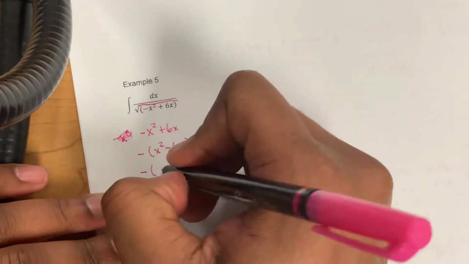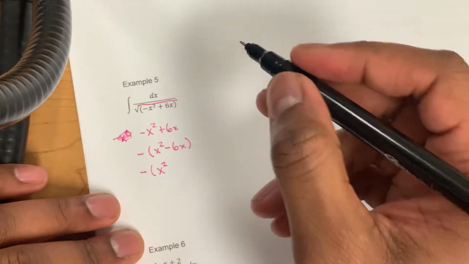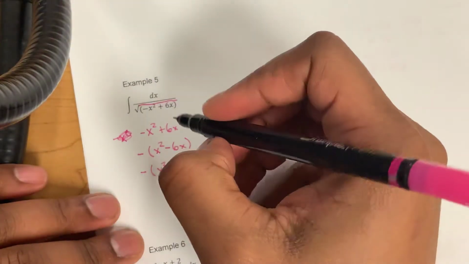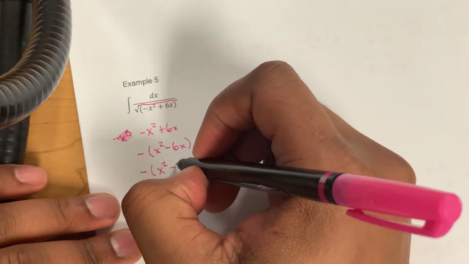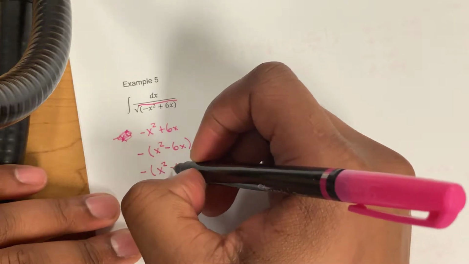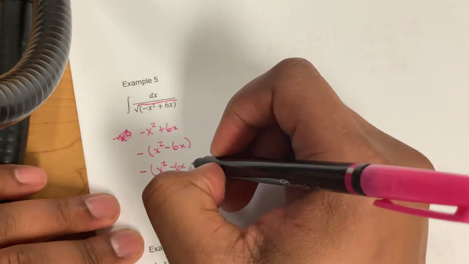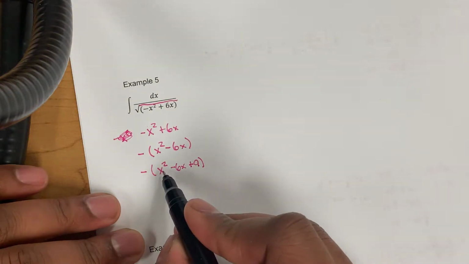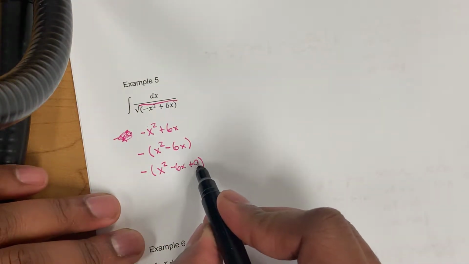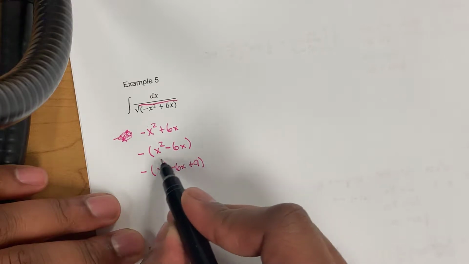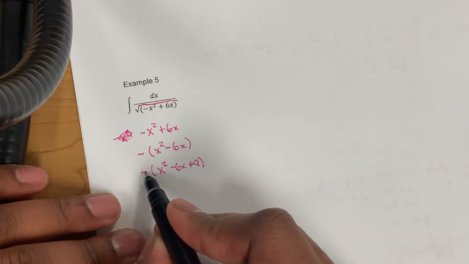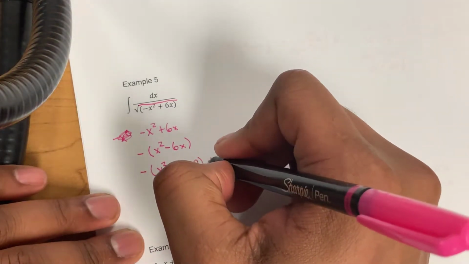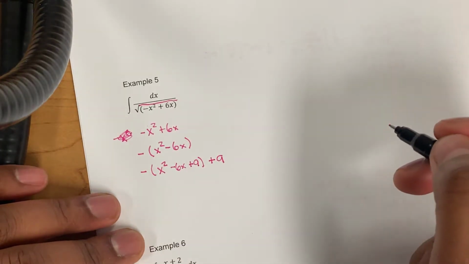So we're going to have negative x squared minus 6x. And then, again, half of negative 6 is negative 3. Squared is plus 9. And so we need to also cancel out this 9. But remember, we have to take the 9 out of the parentheses. So it's going to be a negative 9. So here we actually want to do a plus 9.